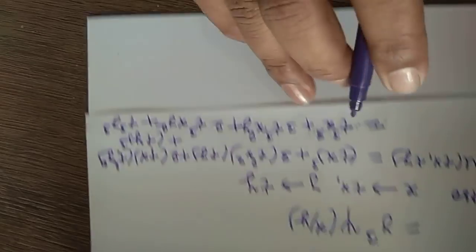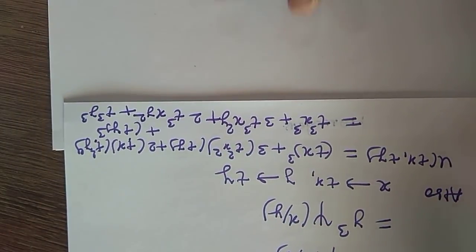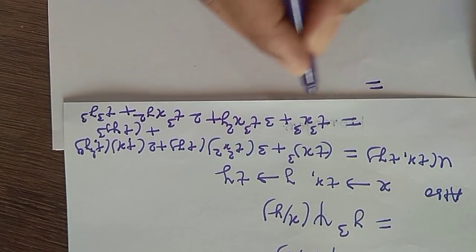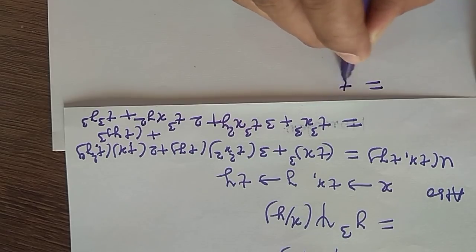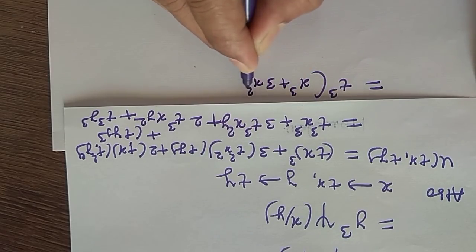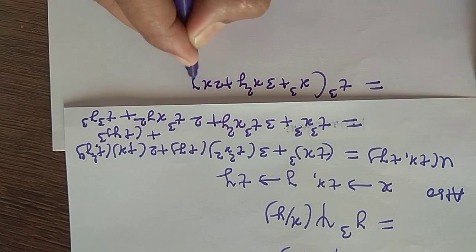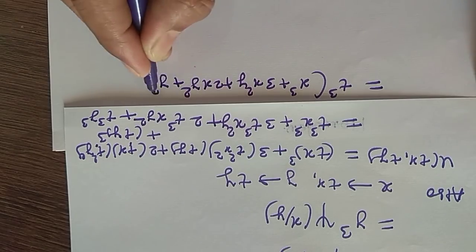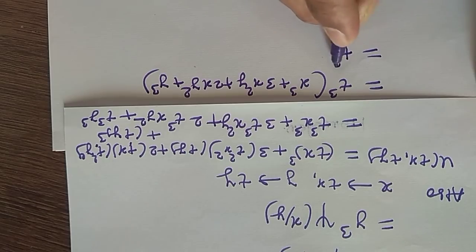I can write this as t cube into x cube plus 3x square y plus 2xy square plus y cube. This is nothing but u of xy.